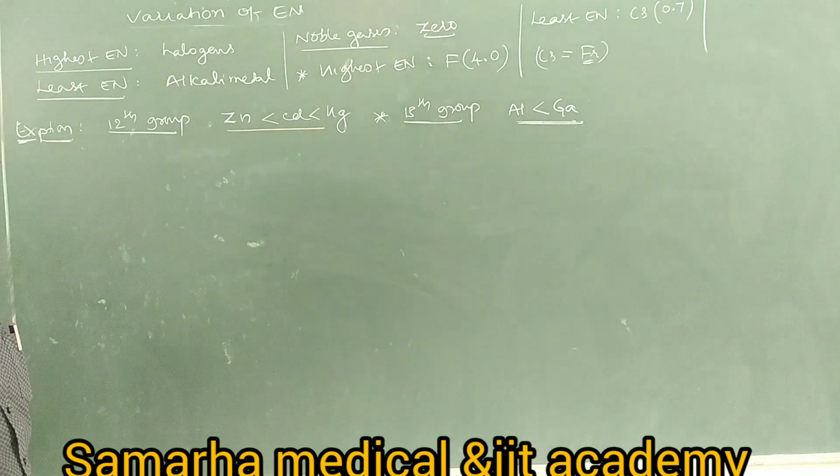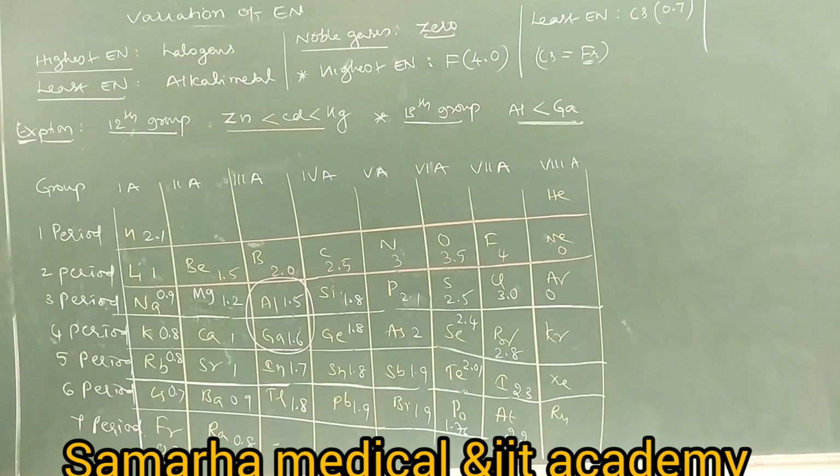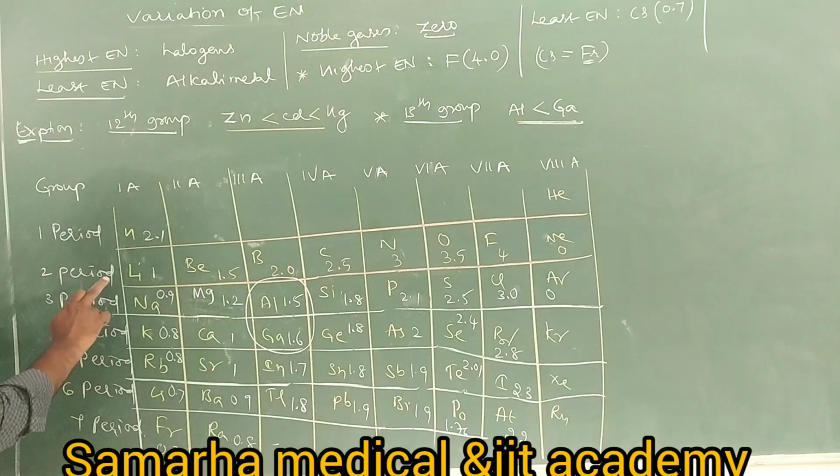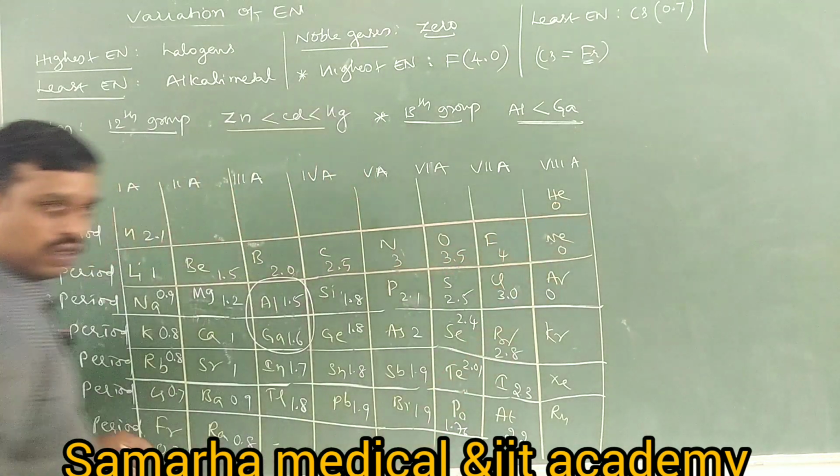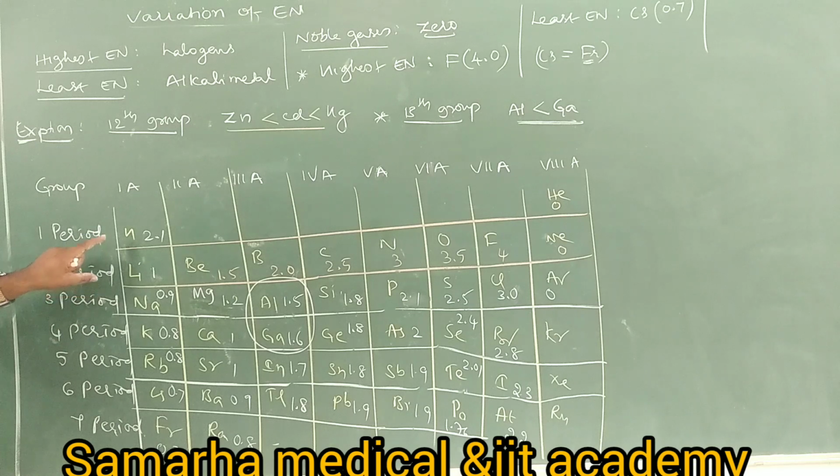In the examination, this is what we have to write. So try to remember this table particularly. The first period is hydrogen, helium.